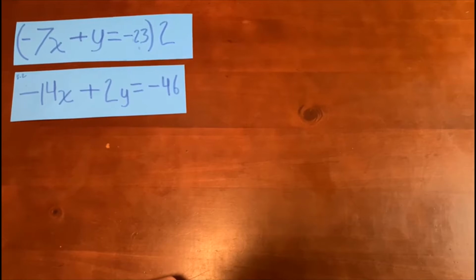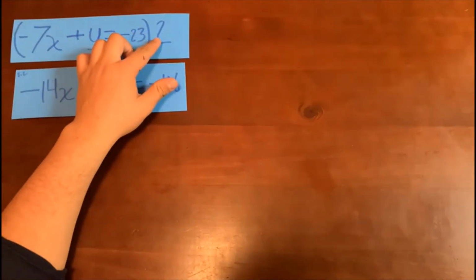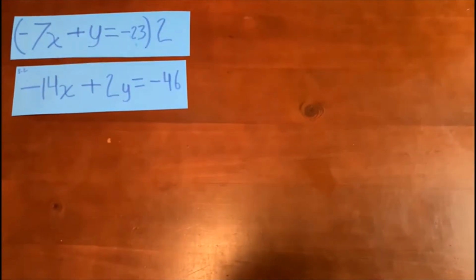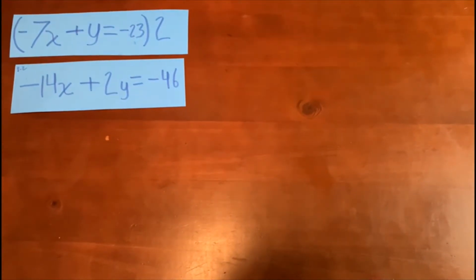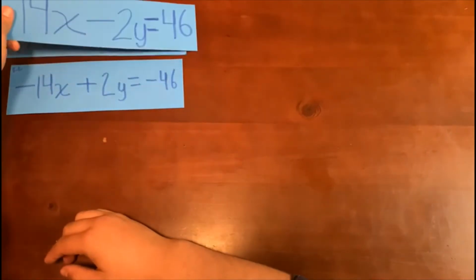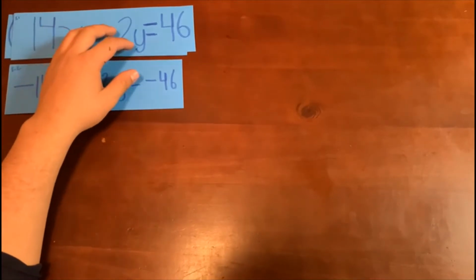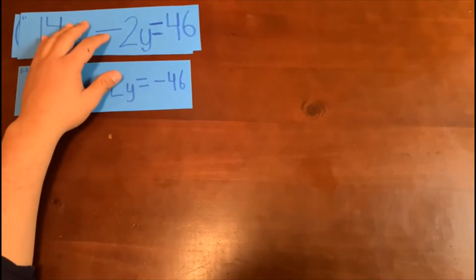We go ahead and work it out. I think I messed up in here, putting another -2, but therefore it becomes -2, so it becomes positive. It's 14x minus 2y equals 46, our equation.